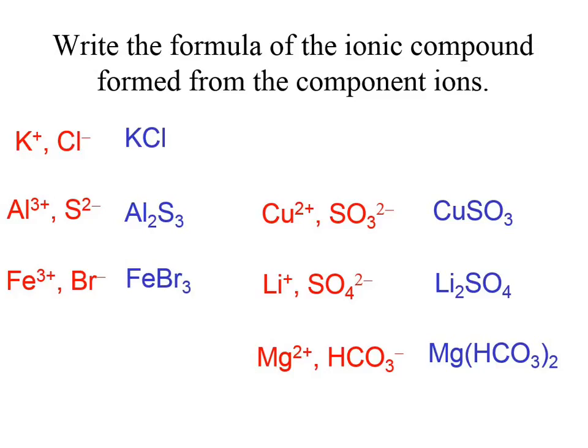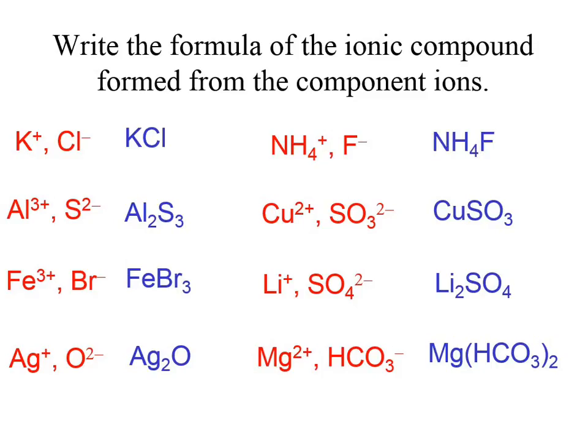Back to Tyler. What's the formula for this one? Ag2O. Very good. Perfect. NH4F, Becky? She said NH4F. Actually, it's NH4F, and the number of F's you need is just one also.